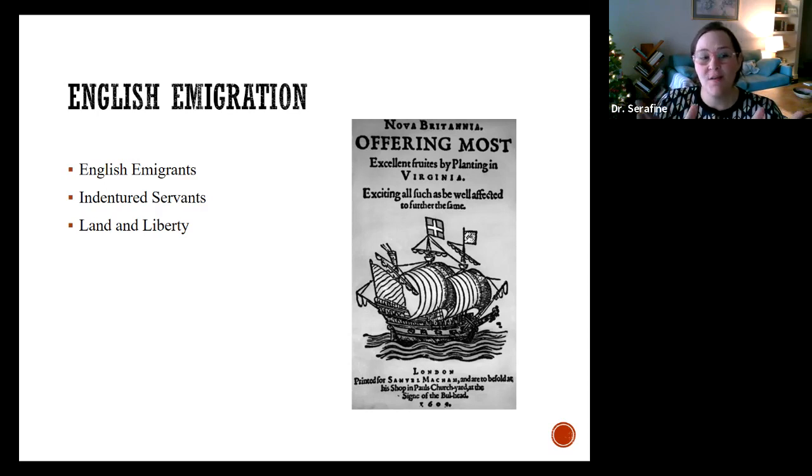But we're going to see a shift from the 1600s into the 1700s to racialized slavery of people of African descent in the British colonies. But as we see at the start, England also has this massive source of unfree labor in the form of indenture. Let's head to Virginia to look at colonization there before we come back to this topic of multiple forms of unfree labor and that shift to racialized slavery.